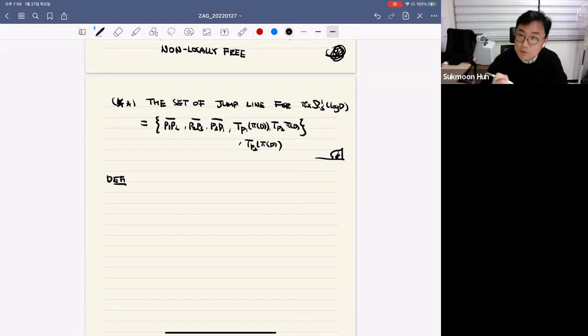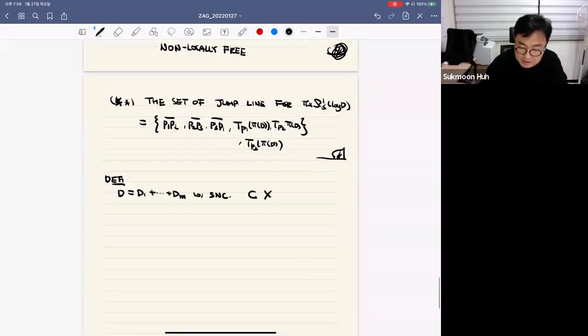So please give me more minutes, just a little. So let's consider a reduced and effective divisor with simple normal crossings, D1 plus ... plus Dm, inside a surface. And then pick finitely many points on the smooth part of the divisor.